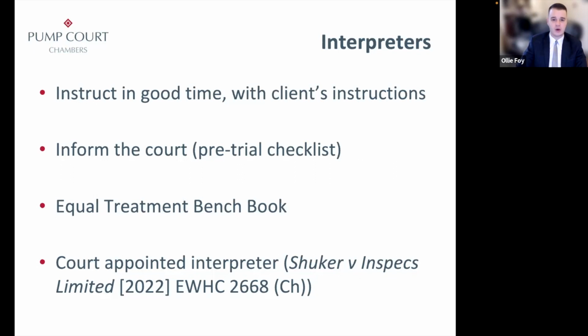Interestingly, the combination of Article 6, which applies to hearings determining civil rights and obligations, and the overriding objective were not sufficient for an automatic right to an interpreter. And importantly, in this case, it was about the applicant addressing the court through an interpreter rather than giving evidence through an interpreter. And the proper course of action in those circumstances was said to be to instruct an English lawyer.